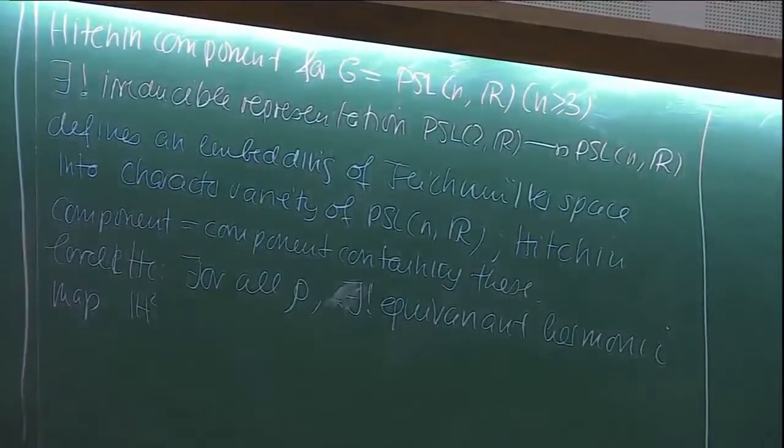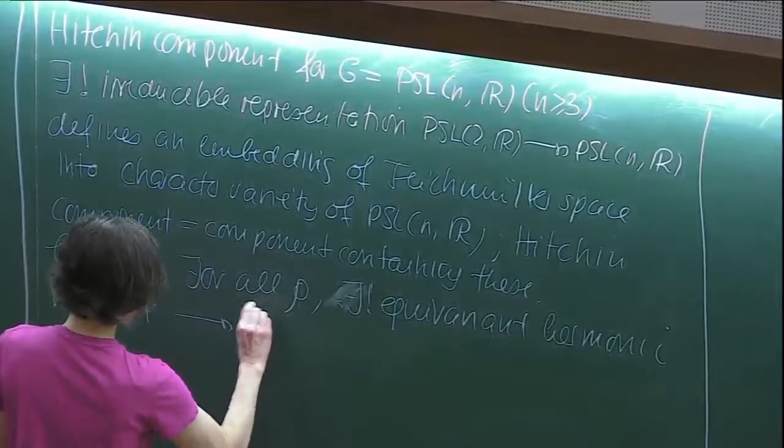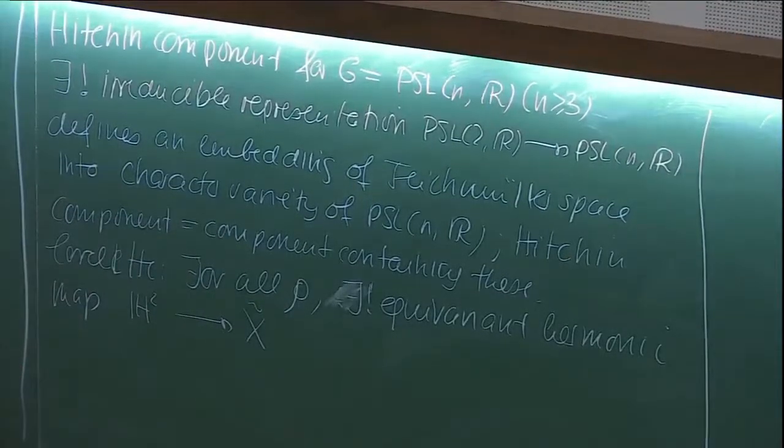Now this requires that I represent my group gamma as a lattice in PSL(2, R). Then I can talk about this equivariant harmonic map into X twiddle, the symmetric space. And so this gives you a geometric representation of the representation.